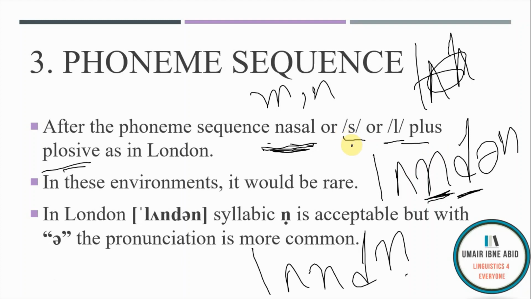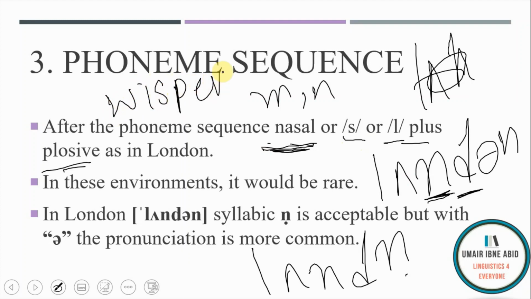And you can suppose a word which has an s sound, and after s we have a plosive. So once again, for example, just suppose I have the word wispen.